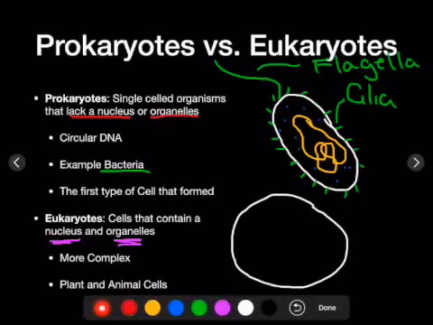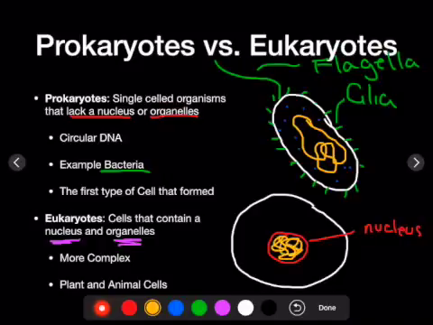Now, inside of a eukaryotic cell, we have our nucleus, and this nucleus is where our DNA is contained. It is linear in shape, and in humans there's enough DNA in one cell to stretch 6 feet. Inside the cell we have other organelles, like the Endoplasmic Reticulum or the Golgi bodies.